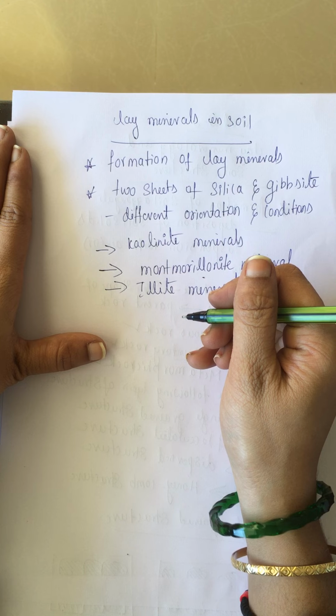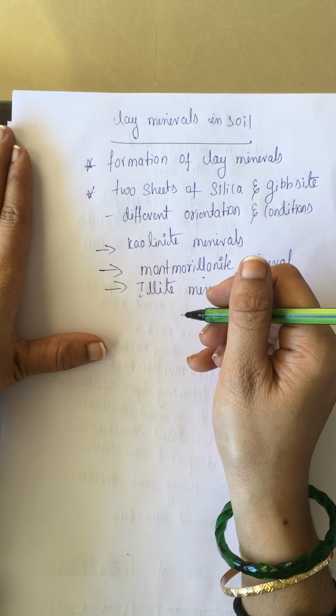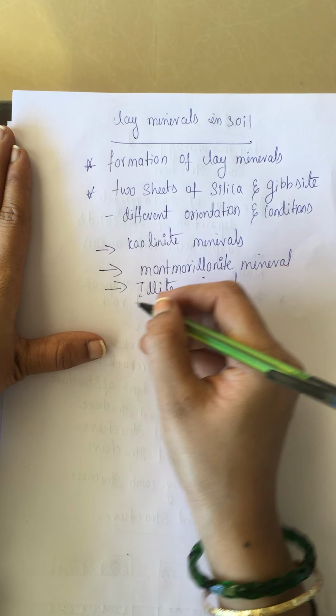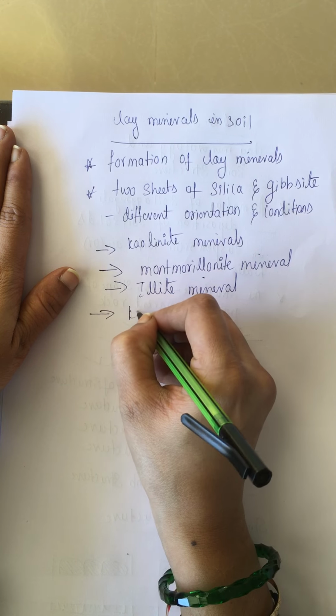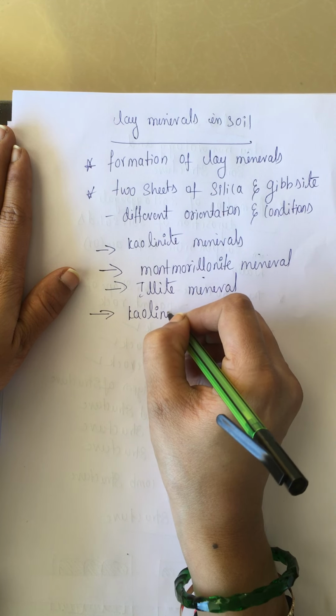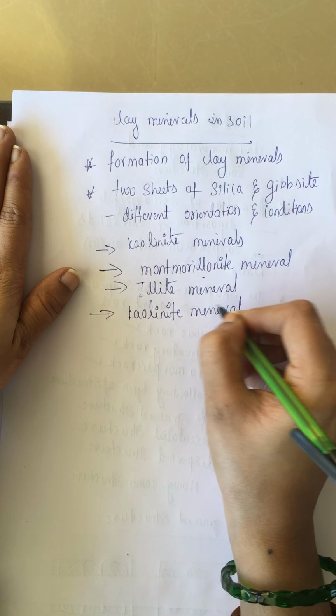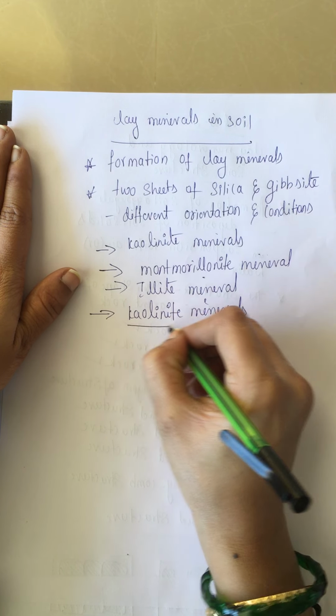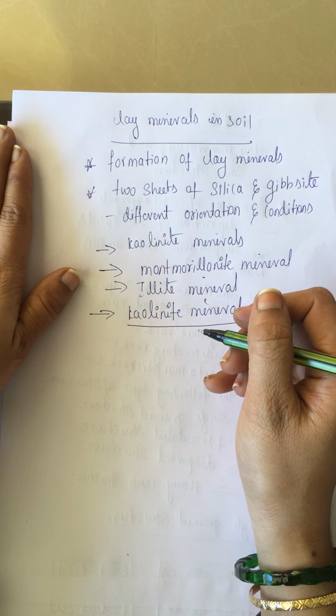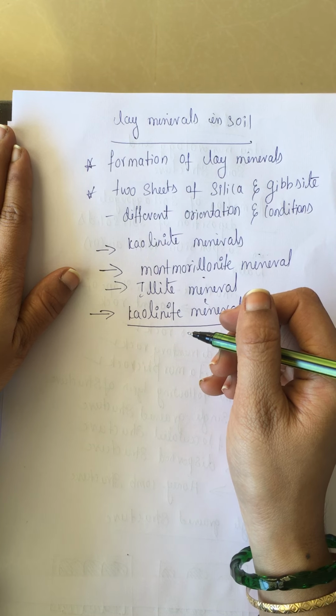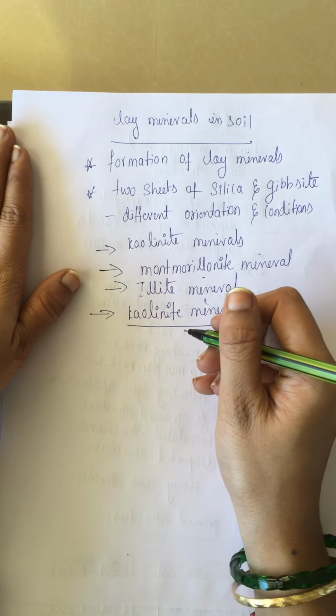So let us study what is kaolinite mineral, how it is made in nature. The first one is kaolinite mineral. Kaolinite is the most common mineral of the kaolinite group of minerals.